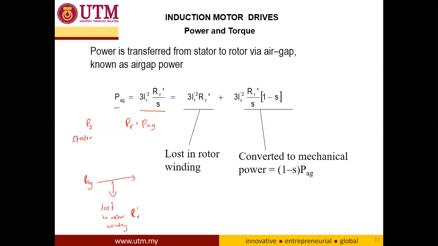The power output of the motor can be calculated by using this equation. This is the mechanical power that you can calculate, which, if you simplify, is equal to (1 minus S) multiplied by the air gap power.